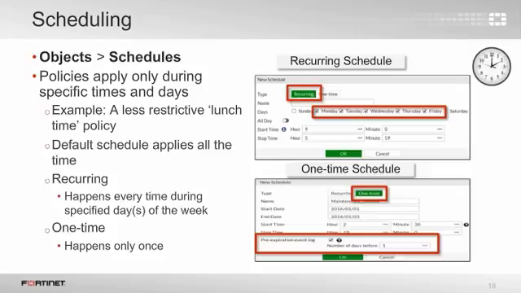If the start and stop time are identical, the schedule will run for 24 hours. One time. The start date and time must be earlier than the stop date and time. You can also enable pre-expiration event log, which will generate an event log n number of days before the schedule expires, where n can be from 1 to 100 days.